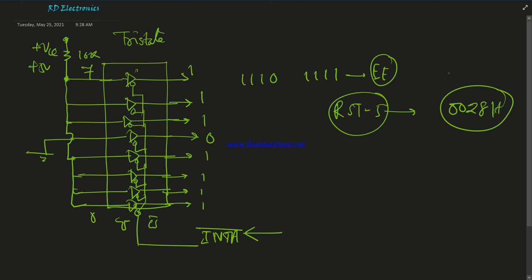Okay, so this is the hardware setup, showing how the interrupt process is started by using the INTA signal. The restart instruction is placed on the data bus during machine cycle M1.